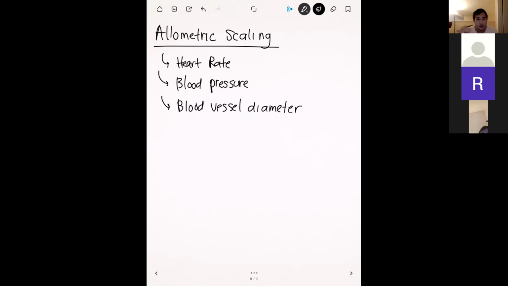Because the different species are typically different sizes, right? We're much bigger than a cat, but we're also much smaller than a grizzly bear. But all of these creatures still have a cardiovascular system, and even though they're different, there are some connections that we can make between different species. So in other words, all of these cardiovascular parameters will scale according to the animal size.